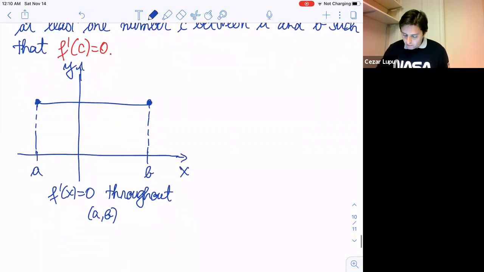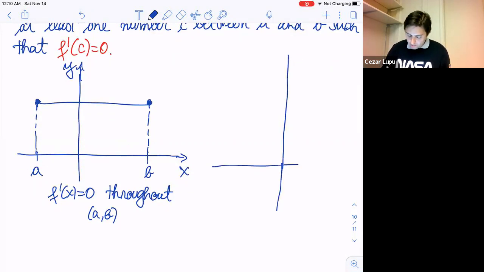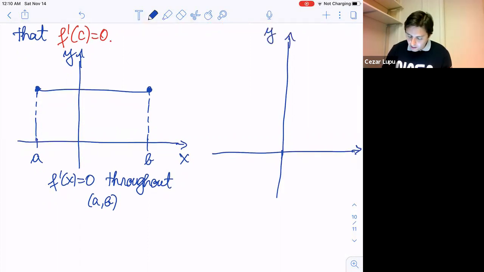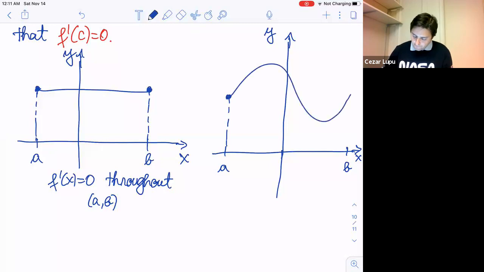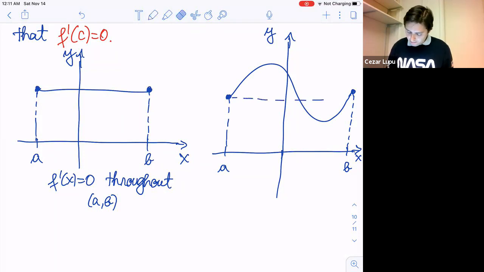Now let me draw you another picture so we can have the following situation. Let's just say we have the following scenario. So I have here A, and here B. And the function is like this, right? Oops, sorry about that. Okay, so let me draw it again.